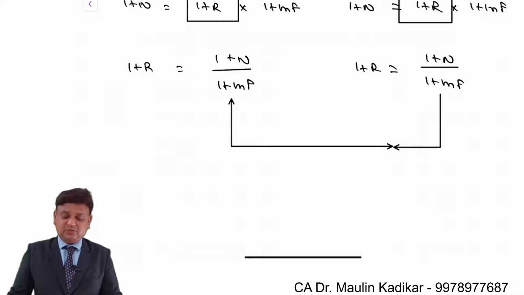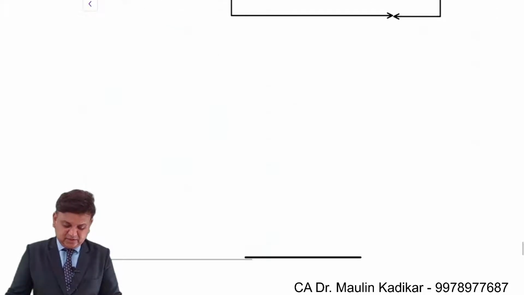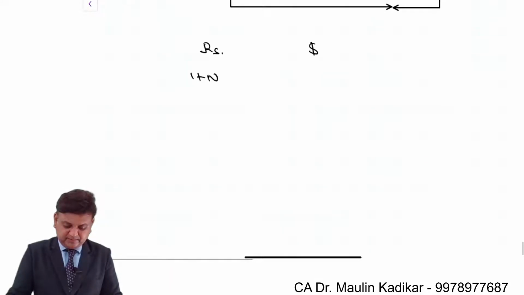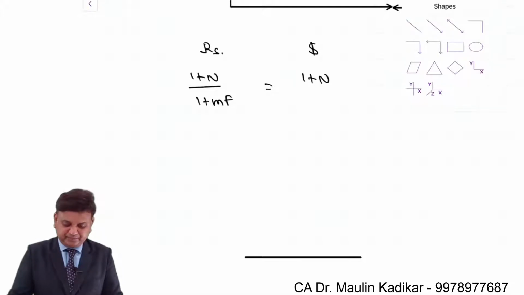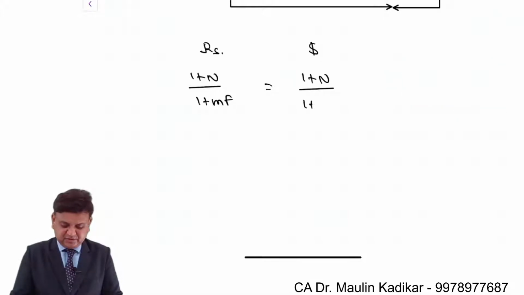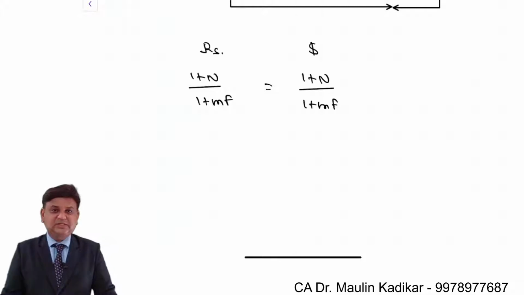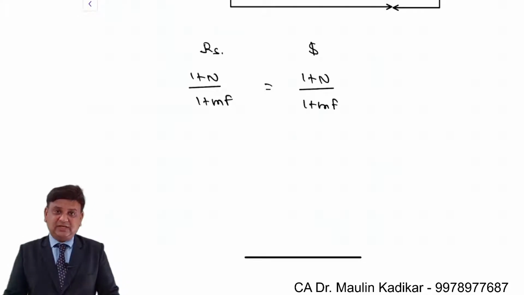So what happens over here is, for rupee currency and dollar currency, 1 plus nominal divided by 1 plus inflation is equal to again 1 plus nominal divided by 1 plus inflation. This is the way you can make the computation directly.